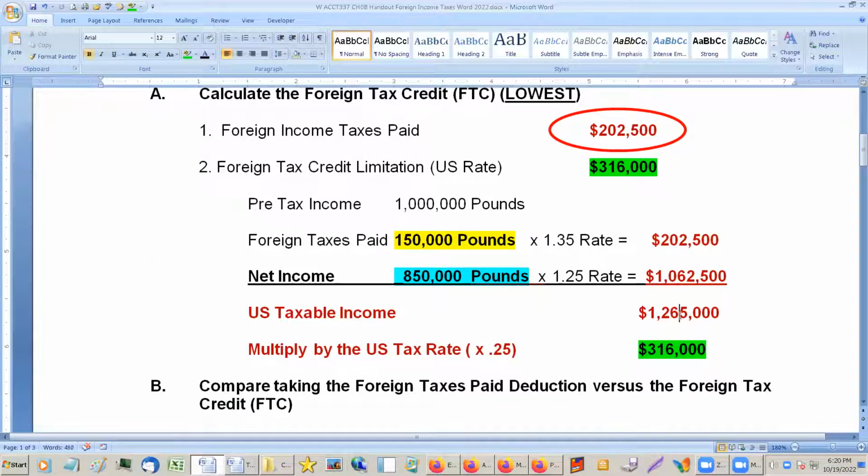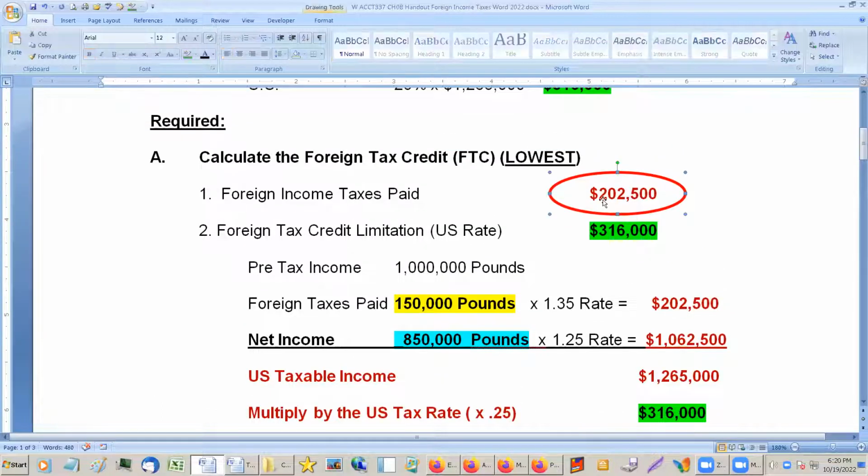So the US taxes that would be paid on this would be 316,000. The actual foreign income tax paid was 202,000. So they're going to get a credit for that 202,000.